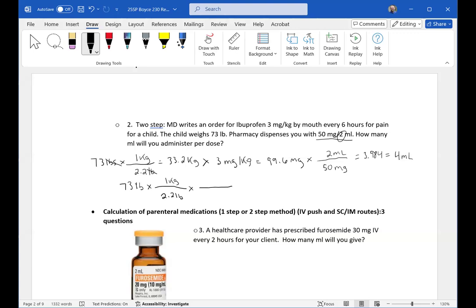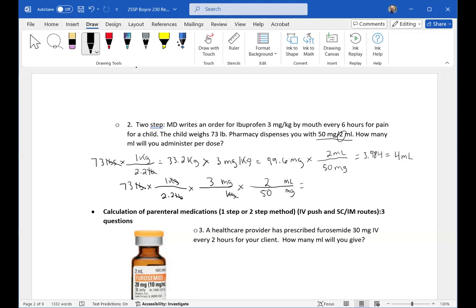So I've eliminated pounds. I'm in kilograms. I don't want kilograms. I want milligrams. So that's where that 3 milligrams per kilogram body weight comes in. And then ultimately, I don't want milligrams, I want milliliters. So I'm converting milligrams to milliliters. You'll see that I'm using the same numbers.